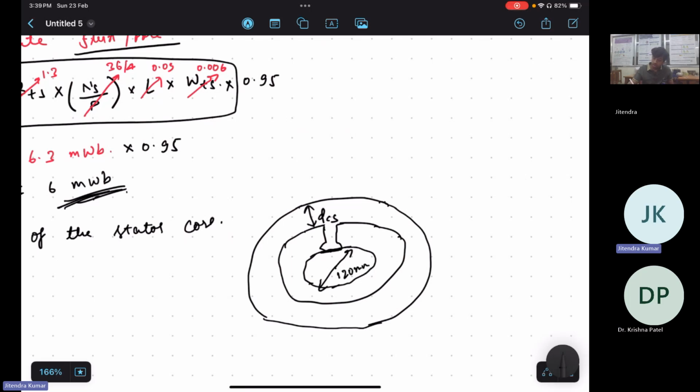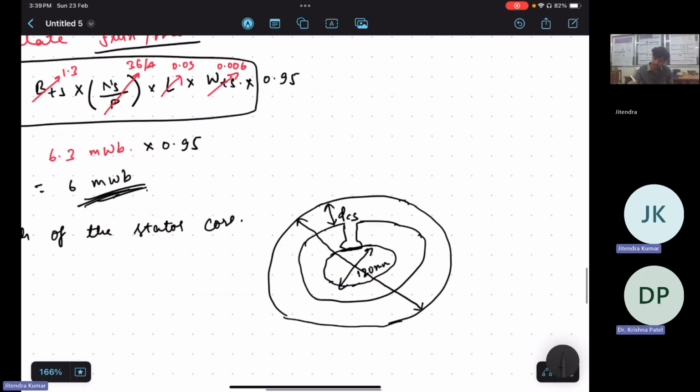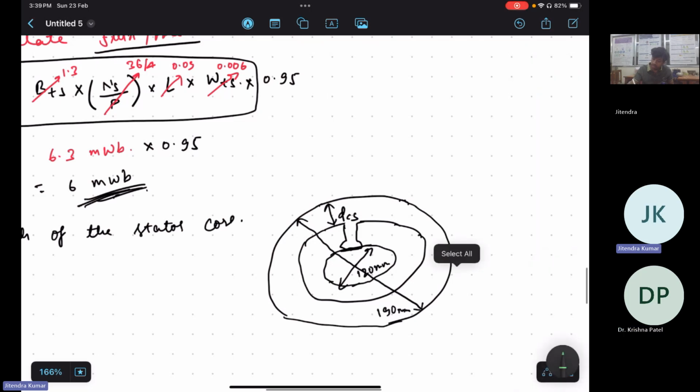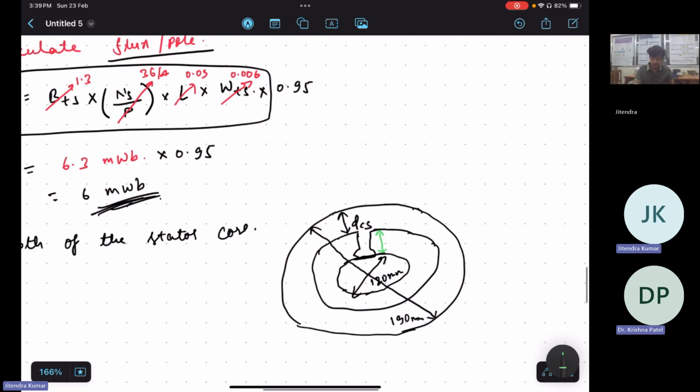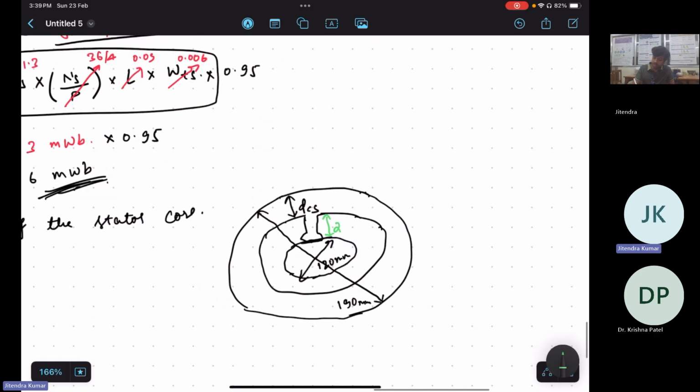Now we know this diameter is 190 mm, right? If we somehow calculate this length, then our problem is solved or not? 20 mm. This is given as slot depth, 20 mm.